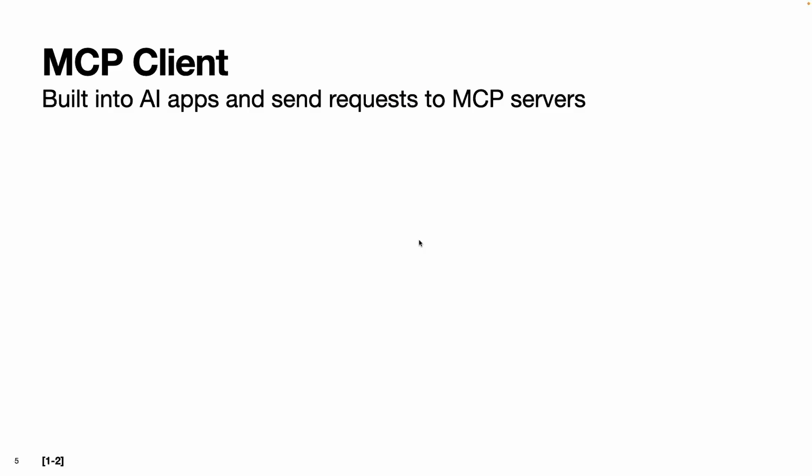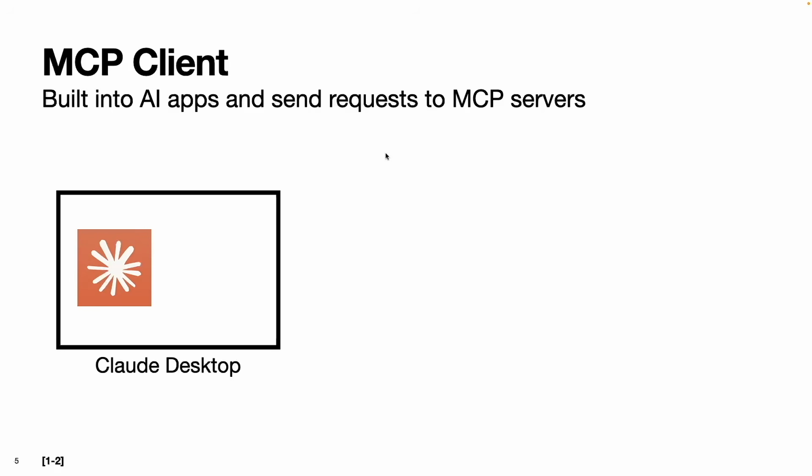First, we'll start with the MCP client. These components are built directly into AI applications, and they're the ones that send requests to MCP servers. For example, suppose we're working with the Claude Desktop application. Claude Desktop actually has an MCP client built into it.